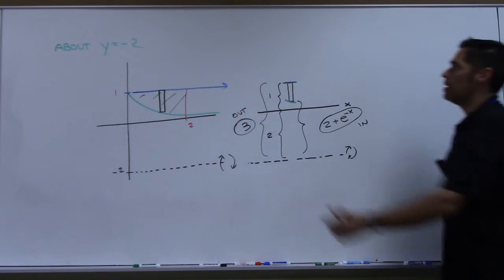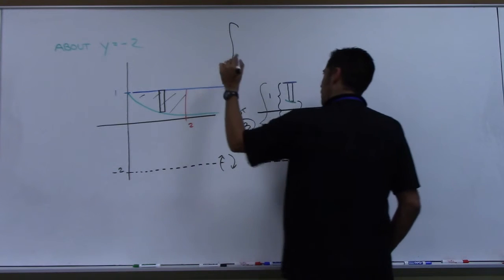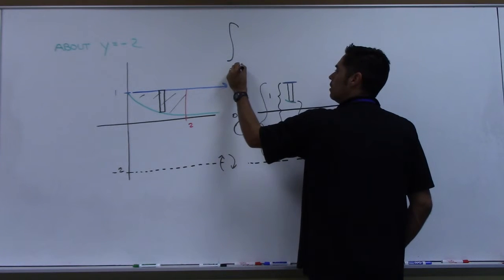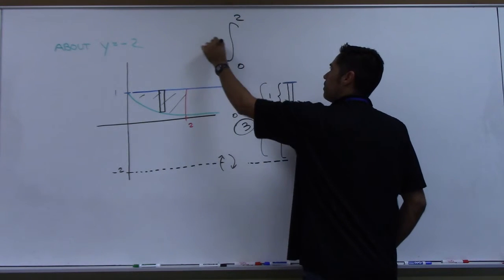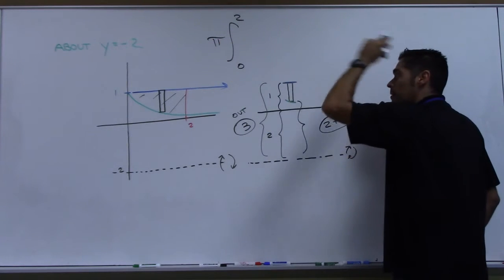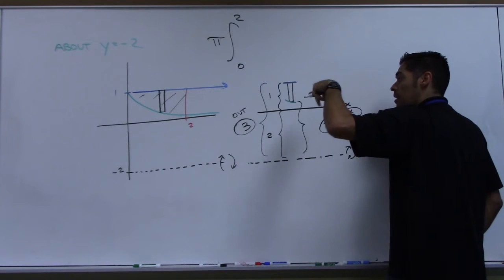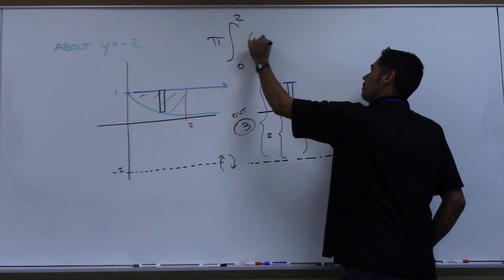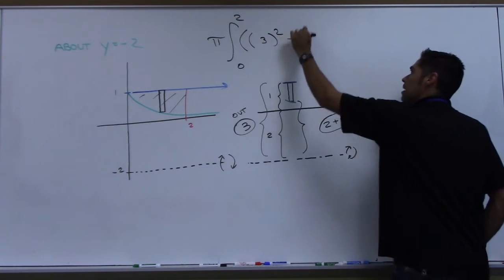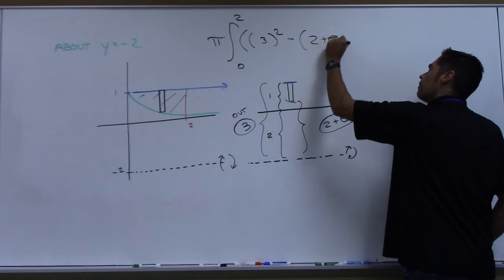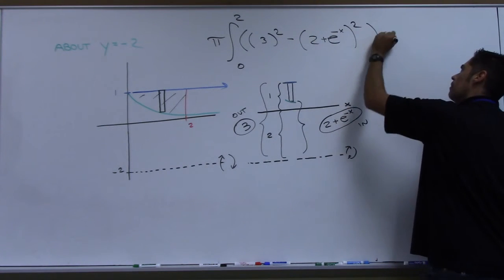And so the integral becomes the integral from 0 to 2 still. That didn't change. Pi, outer squared, right? Minus inner squared dx.